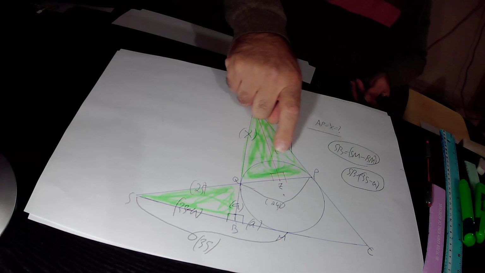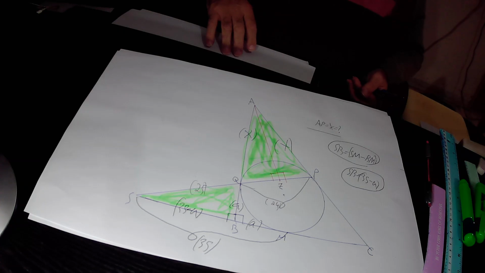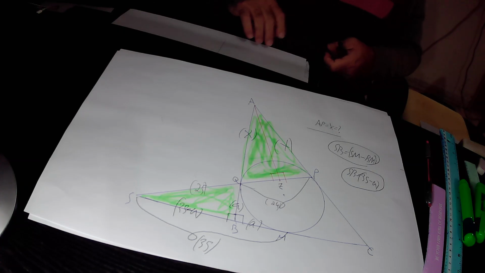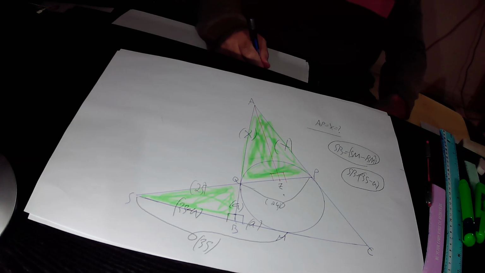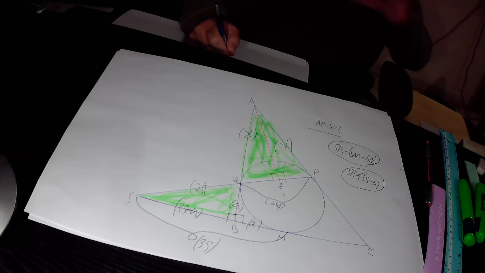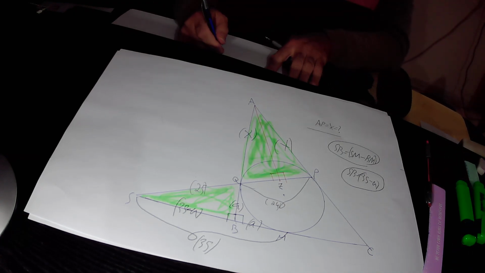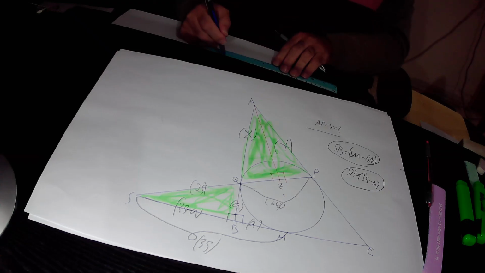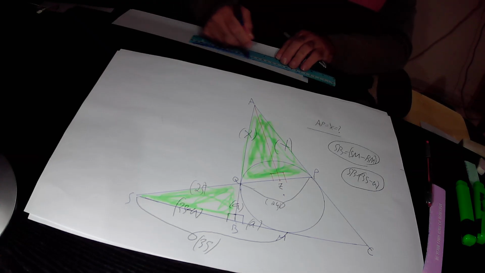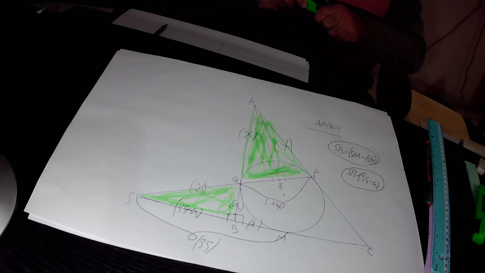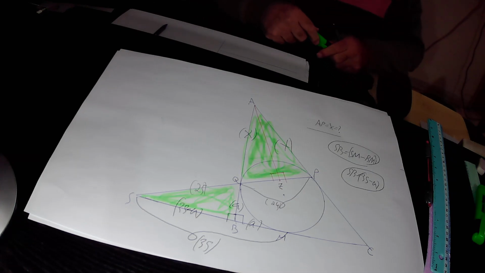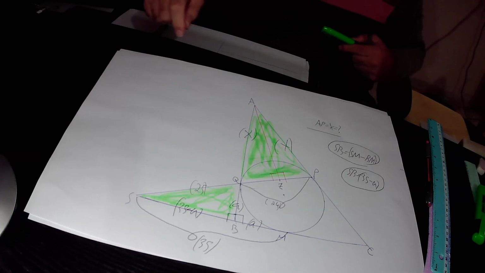So in the isosceles triangle AQP, according to rule 21, QZ equals ZP equals QP over 2.